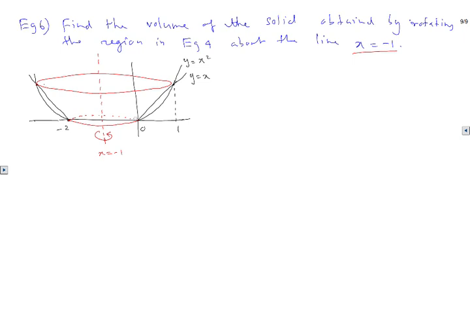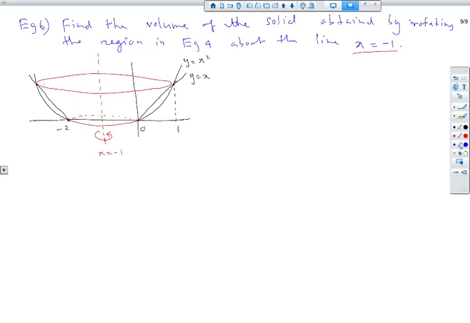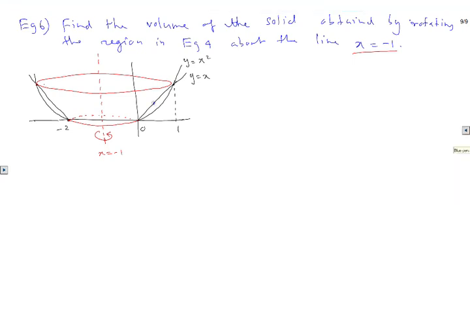Now again, what we need to do is find the distance from the axis. So that's a typical cross section. In the exam I will ask you to draw a typical cross section, so you're going to get some points for that.